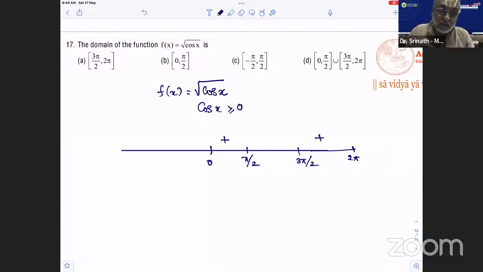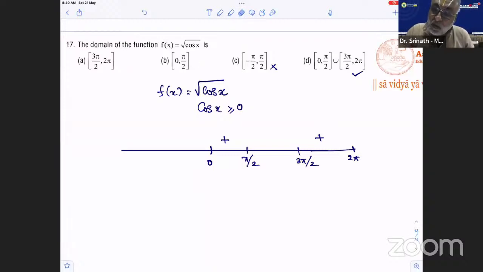Is this the answer? Yes. Is this the answer? Yes. Will this be the answer? No. So how can there be three answers? The most appropriate is the D answer, and not these two.